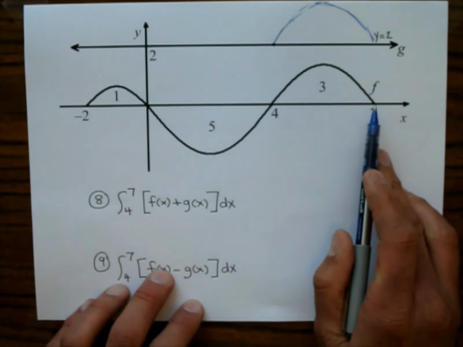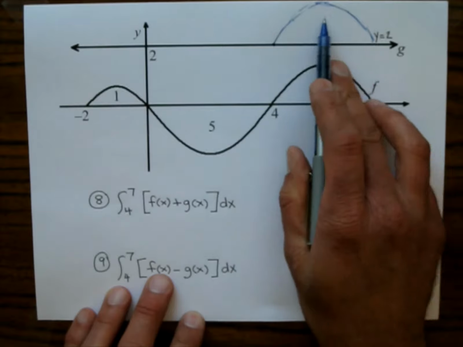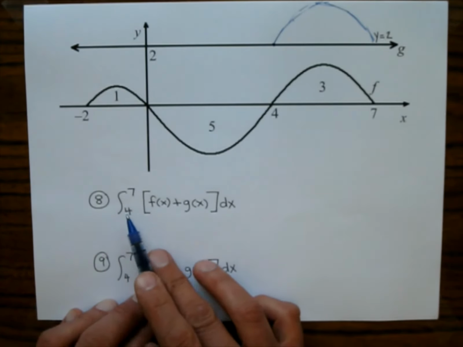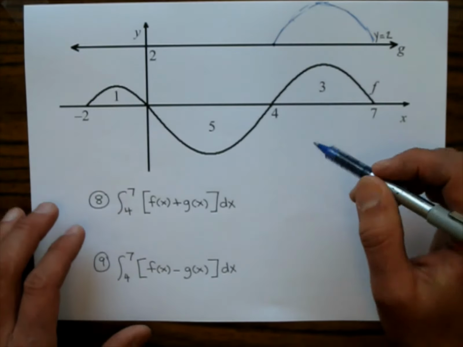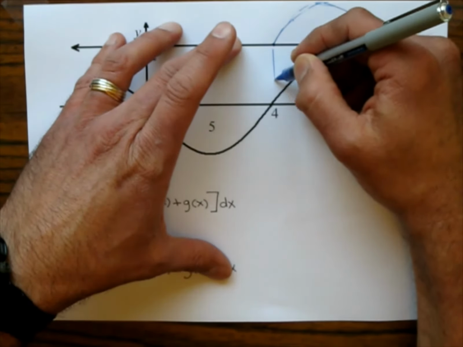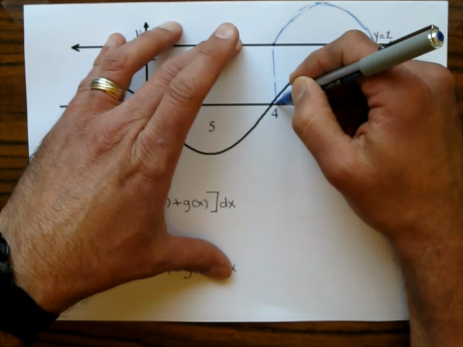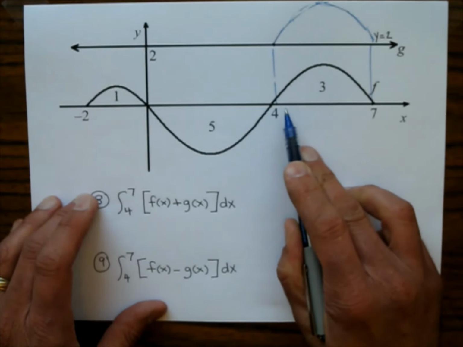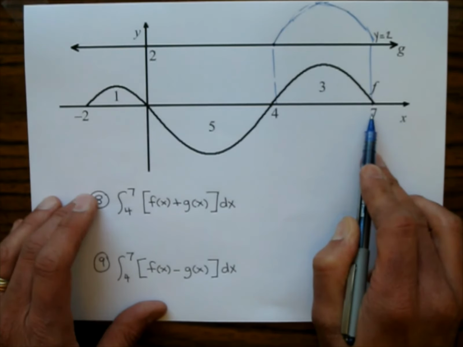I'm pretty sure, yeah, because you would add that with that. I mean, it's not perfect. And so when you're adding this, it's almost like you're adding the net area of G from 4 to 7. And then if this is really the same as this, you're adding that to the net area of F from 4 to 7.